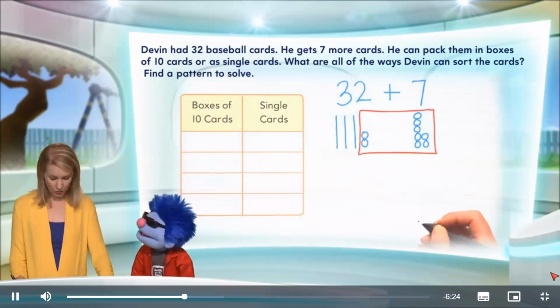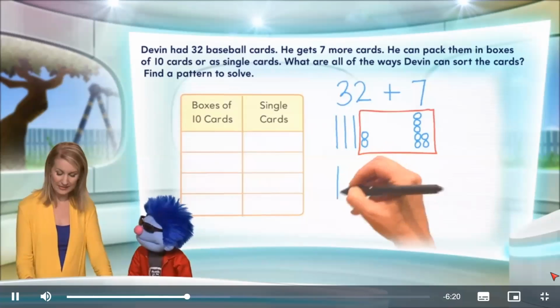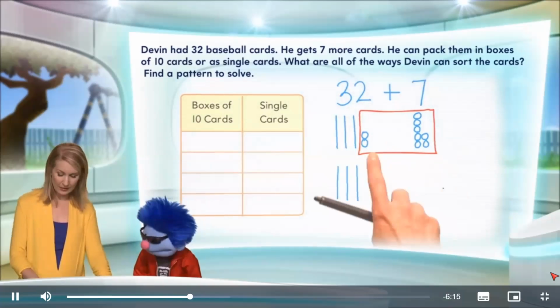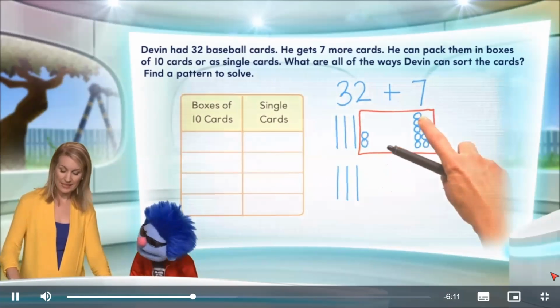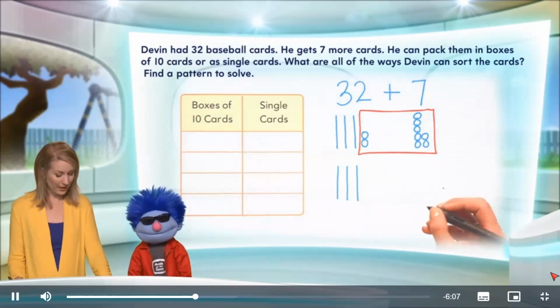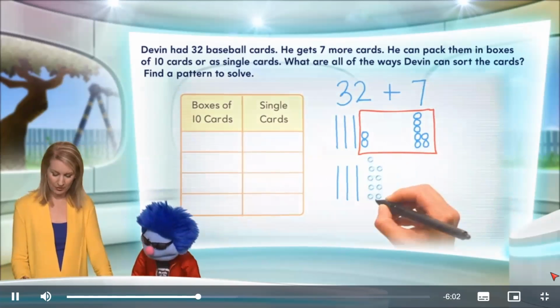So how many do we have? Let's see. First of all, we do have those 3 tens, 10, 20, 30. And then we have, let's see, 1, 2, 3, 4, 5, 6, 7, 8, 9. So we have 9 ones. In fact, I have a fun little graphic I'm just going to pull on.